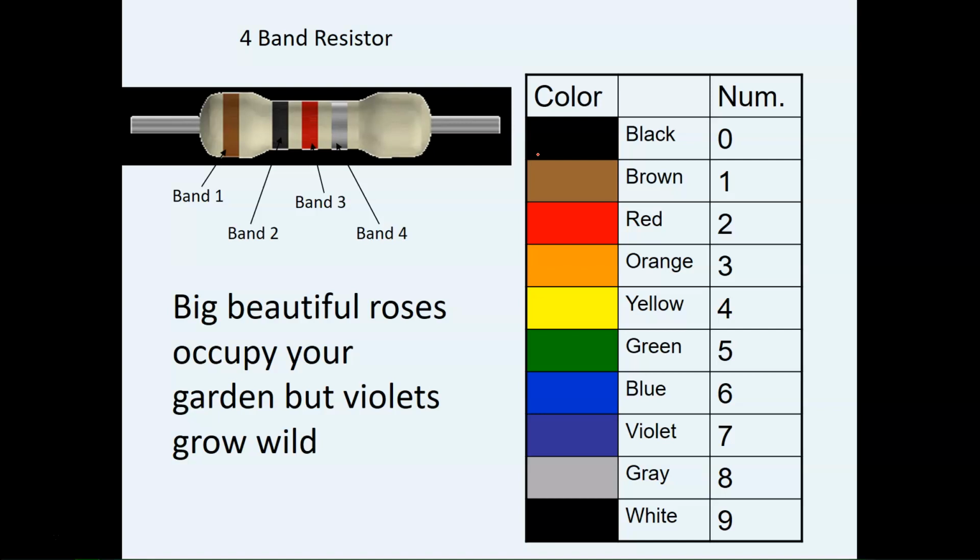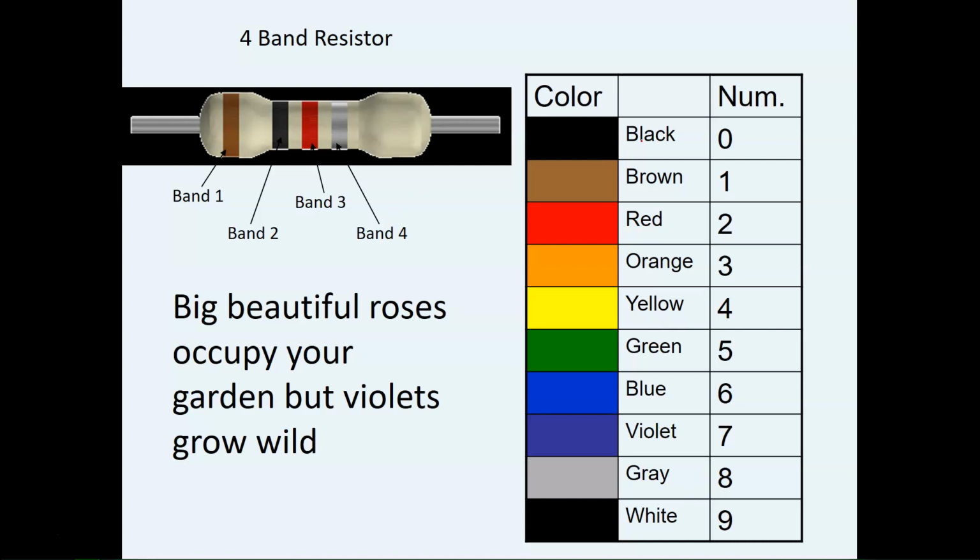So you have big, beautiful roses occupy your garden, but violets grow wild. So each color is correlated with a number. So you have black, which is 0, brown is 1, red 2, orange 3, so on and so forth.